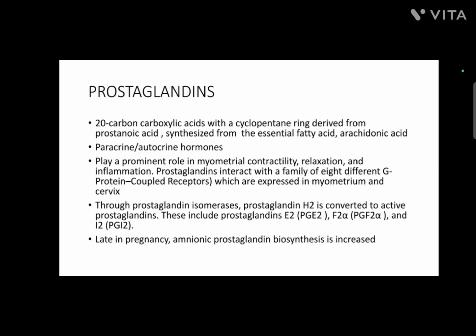In our body we have prostaglandins like I2, prostaglandin E2, and prostaglandin F2 alpha, and there are also some synthetic products produced in the market, which we use in pregnancy. In late pregnancy these are produced, and following the increase of prostaglandins inside the pregnant lady, signs of labor will be present.